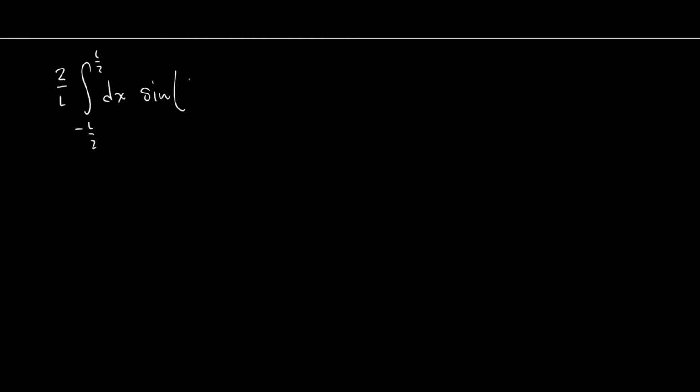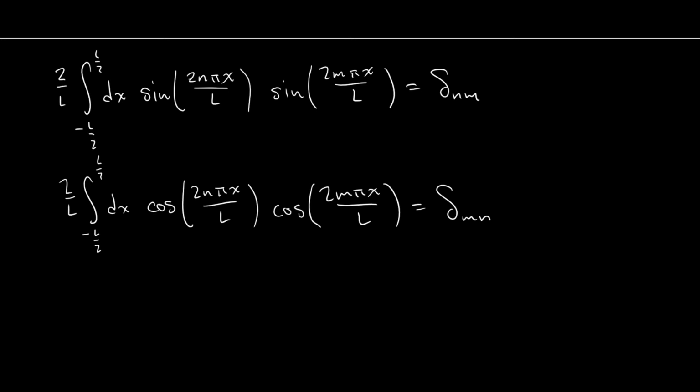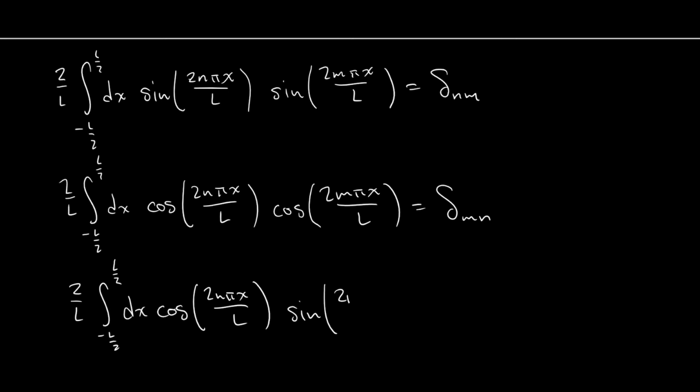The integral from minus L over 2 to L over 2 of sine of n pi x over L times sine of m pi x over L is equal to delta nm times 2 over L. Cosine of n pi x over L times cosine of m pi x over L is equal to the Kronecker delta, and sines and cosines, n pi x over L times sine of 2m pi x over L, equal 0.